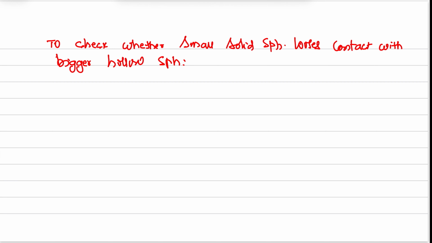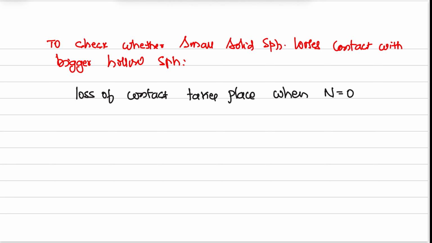Loss of contact will take place when the normal force is equal to 0. Why does it take place? When n is equal to 0, because n is towards the center.